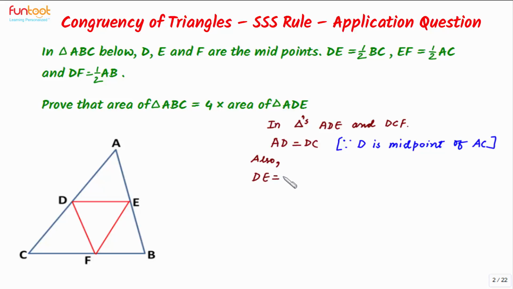And since F is the midpoint of CB, that means CF is also equal to half of BC. So this implies that DE is equal to half BC and CF is equal to half BC. This implies DE is equal to CF.